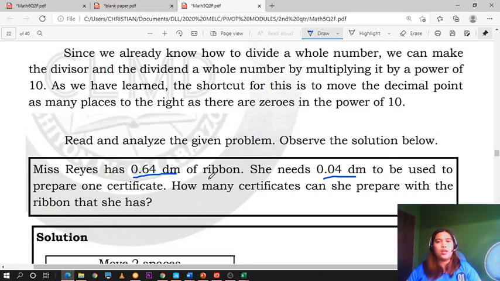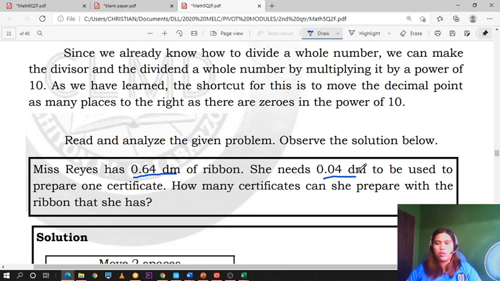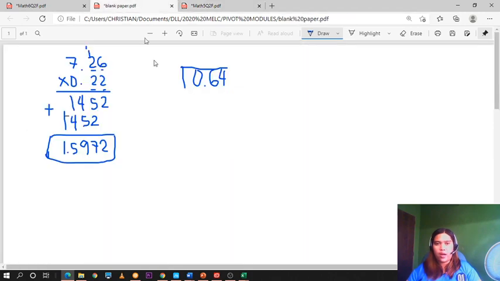So, ito po ay division. So, di-divide po natin ang 64 kasi ito yung hahati-hatiin natin. So, yung 64 divided by, so gaano kahaba yung kada isang certificate na gagamitin? So 4.